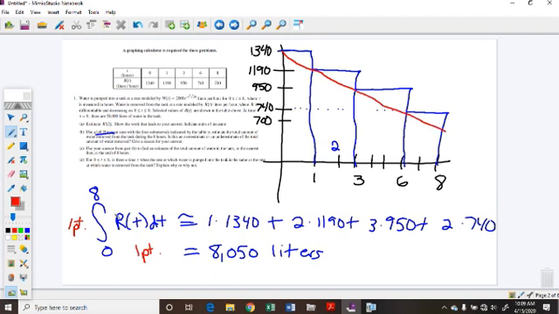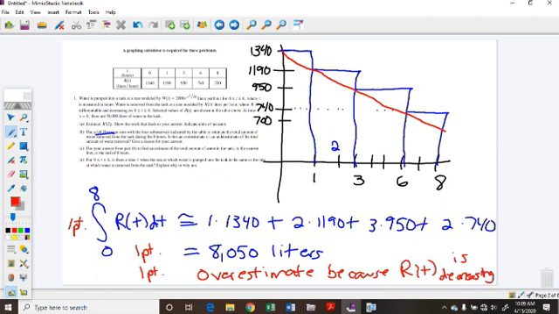And you get 1 point for stating that it is an overestimate, but you have to say why. You have to state why. It's an overestimate because R of t is decreasing.